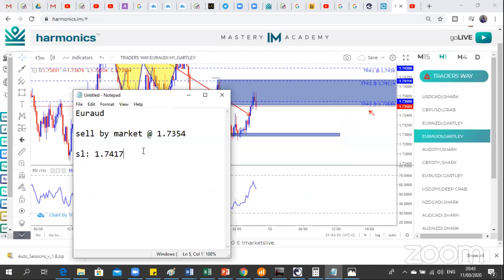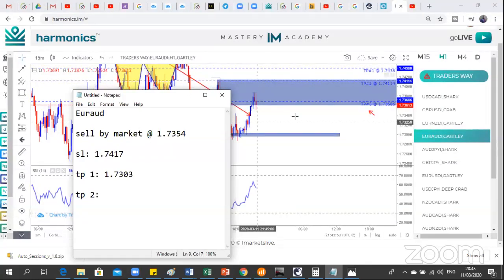TP1 is 1.7303. Then TP2, when you are okay, you close it.